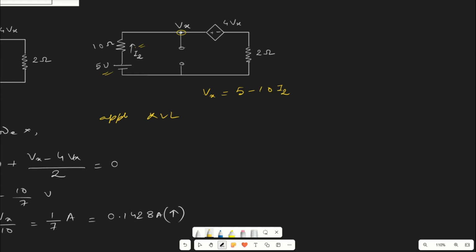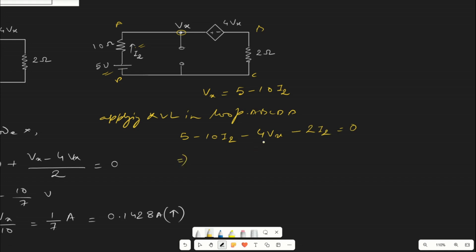Now applying KVL in the loop, you can name it as A, B, C, D. So A, B, C, D, A. What we have is 5 minus 10 times I2, then minus 4Vx, and then minus 2 times I2 equals 0.